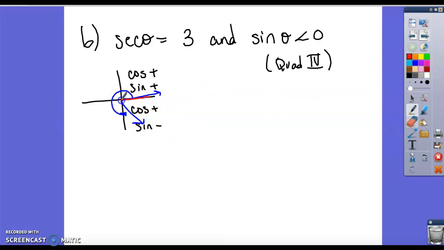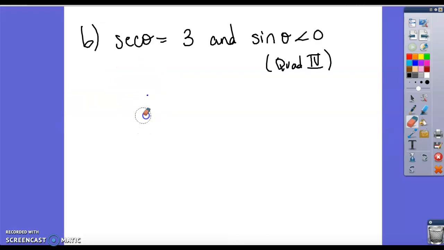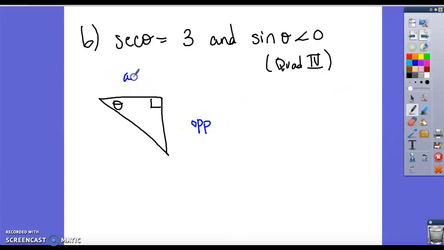So my triangle would look something like that. Secant is 3, so let's label our sides really quick. Here's opposite, here's adjacent, and here's the hypotenuse.